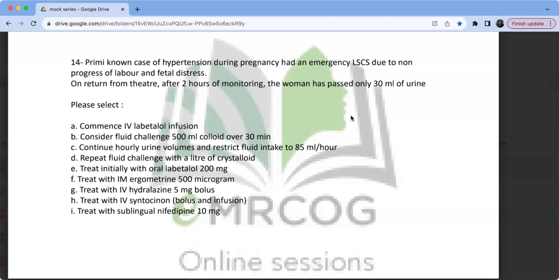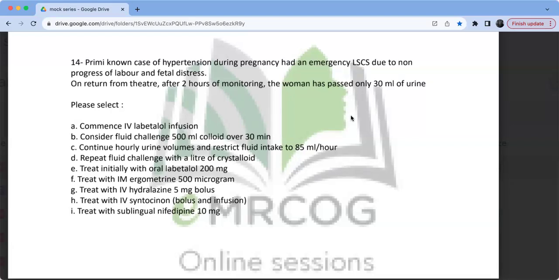In cases of preeclampsia, you are afraid that if you give 500 ml of crystalloid, it will accumulate in the extracellular spaces and go to edema, pulmonary edema.